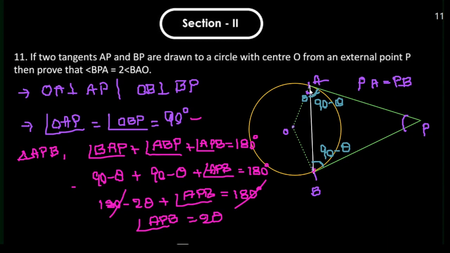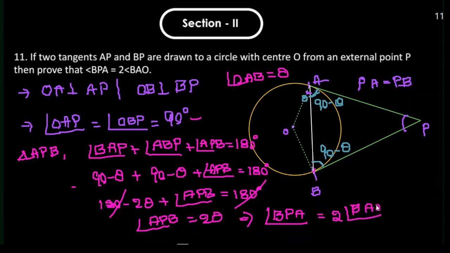But we have considered theta as angle OAB. Angle OAB is equal to theta, right? So we can simply write angle APB or BPA, anything, is equal to 2 into theta, which is OAB and also equal to BAO.